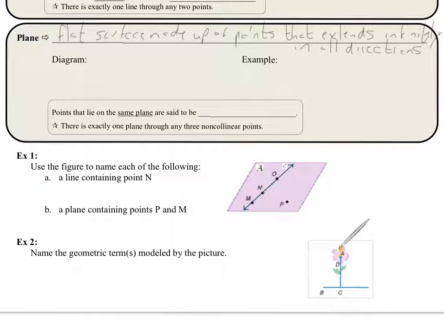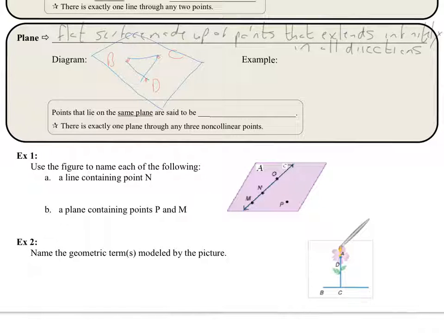To create a diagram of a plane, we need to create 3 points, which we are going to label as B, C, and D. Now we are going to connect all those points together in a quadrilateral, which is defined as a figure with 4 sides.